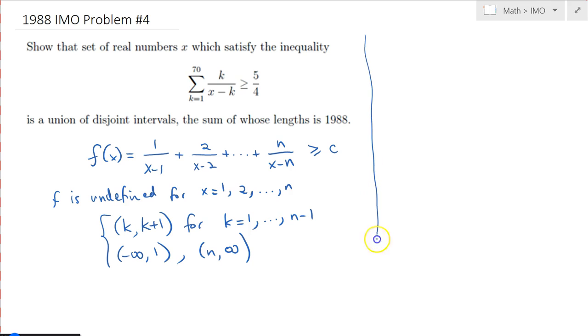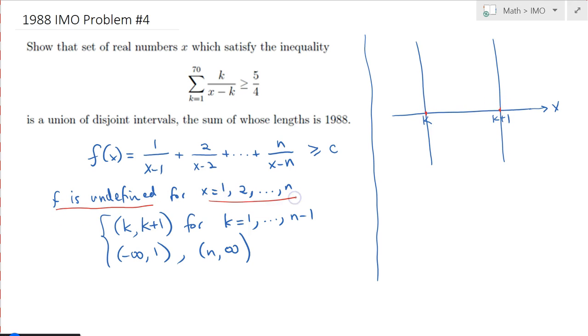So let me open some space here. If you consider the value of our function on the interval k to k plus 1, so let this be the x-axis, and this is the value k and k plus 1 here. Obviously our function is not defined at k and k plus 1, right? So we established that f is not defined for integer values.